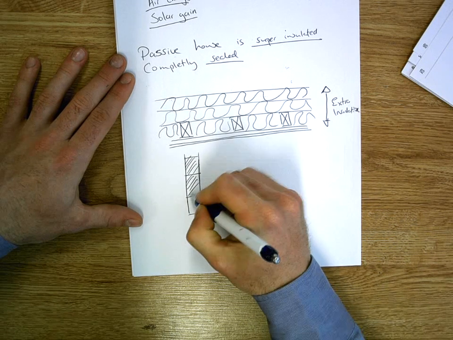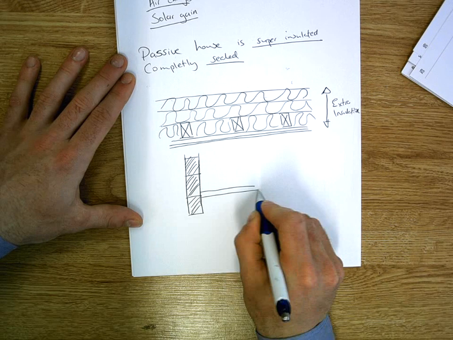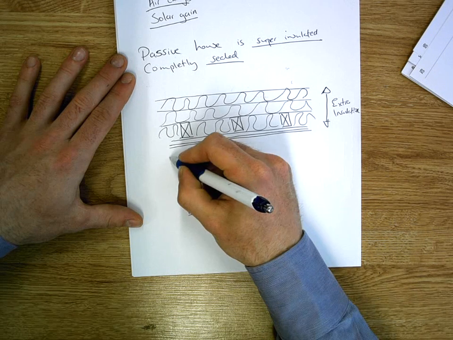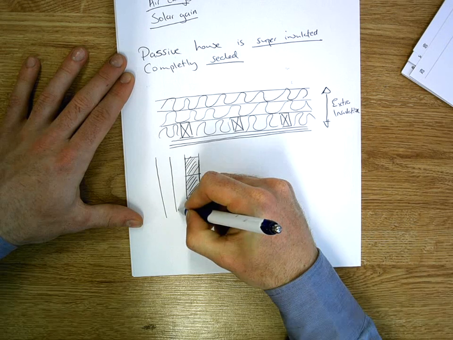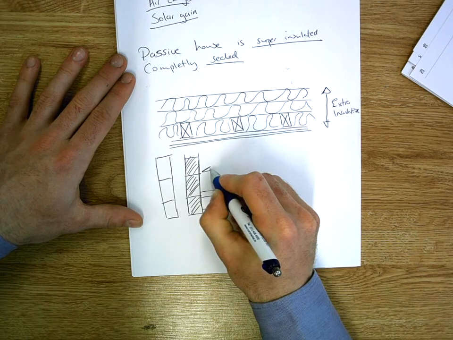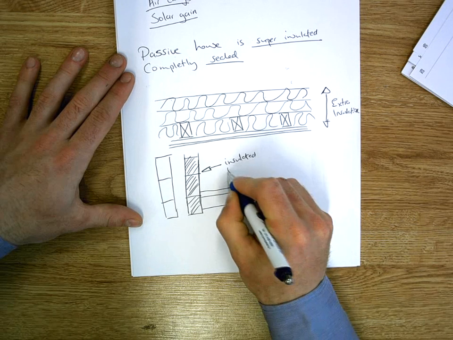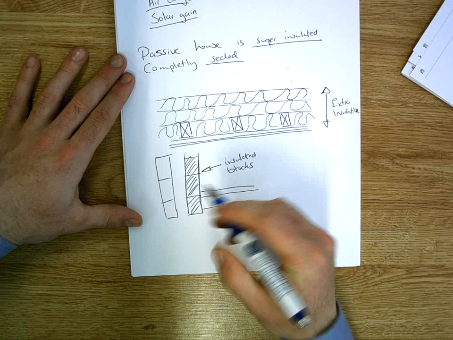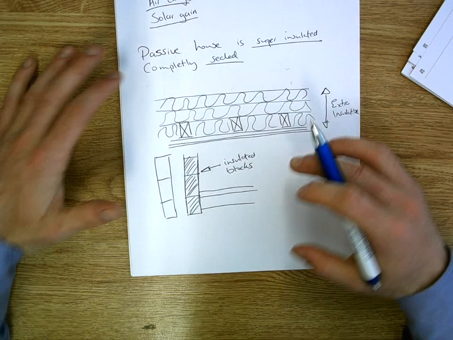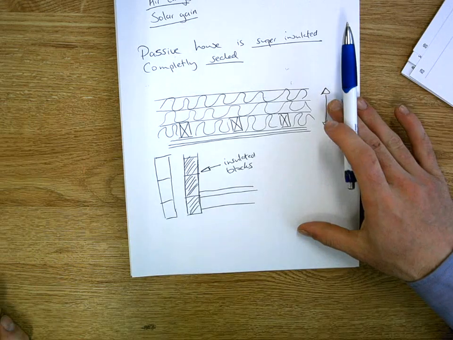So they're going to be where the floor area is joining into your external wall. You may have your cavity in between, and you can have normal blocks on the outside. But again, just highlight those. They're your insulated blocks. Now they will be more expensive, so you'd have to limit where you use them, but you use them in important areas where there's a junction between 2 different structures.